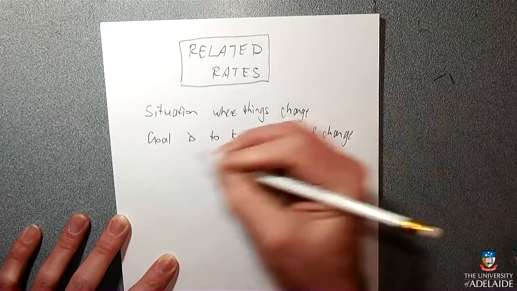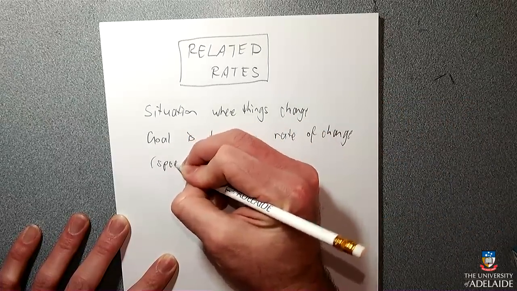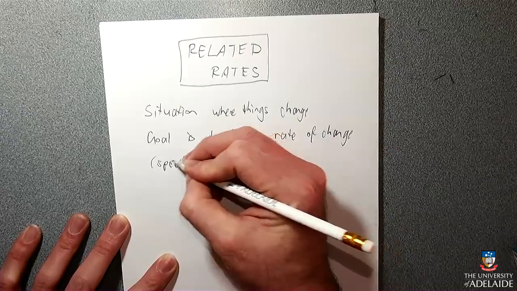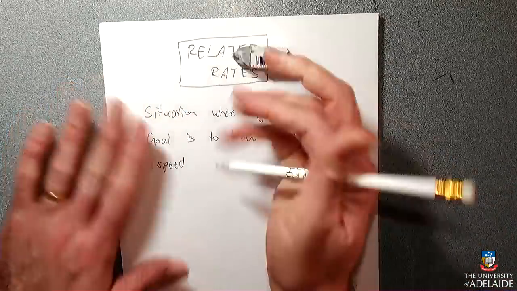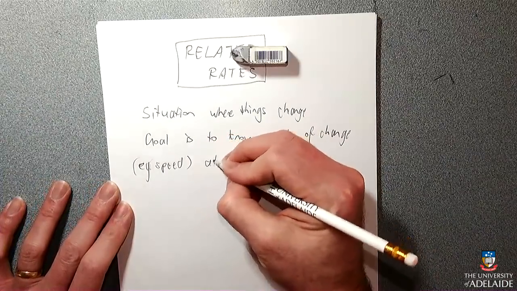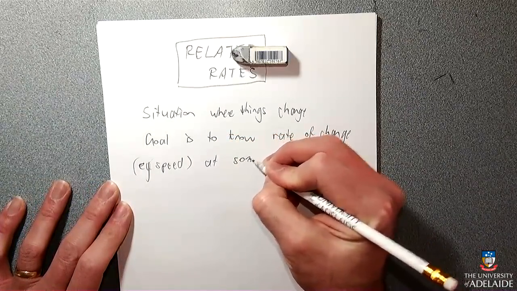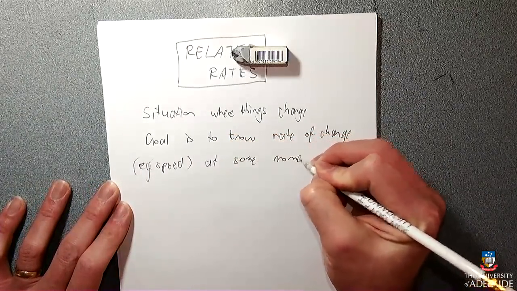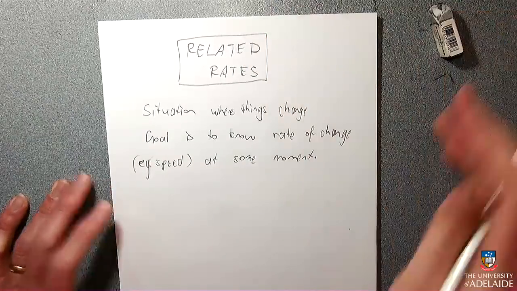Goes to know rate of change, which is often a speed, at some moment. That's what I'm thinking it's about.